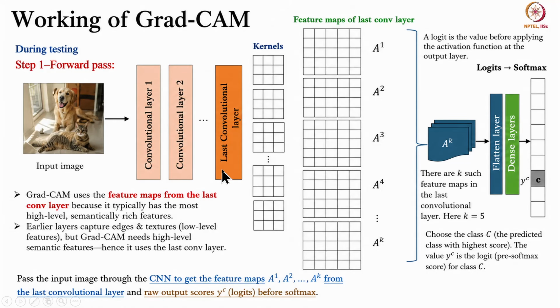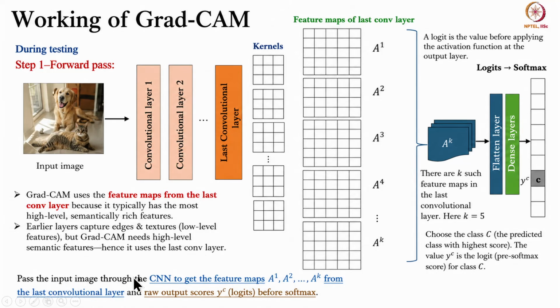Semantically rich features you can find here. Where earlier layers capture only the edges and textures, low level features like lines and contours and edges. GradCAM needs high level semantic features, hence it uses the last convolutional layer.